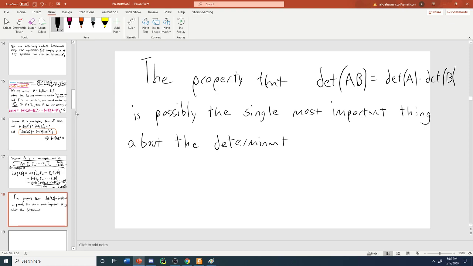Because think about it. Right here, we're multiplying two matrices, A and B. But somehow when you take the determinant, matrix multiplication turns into the multiplication of two real numbers.